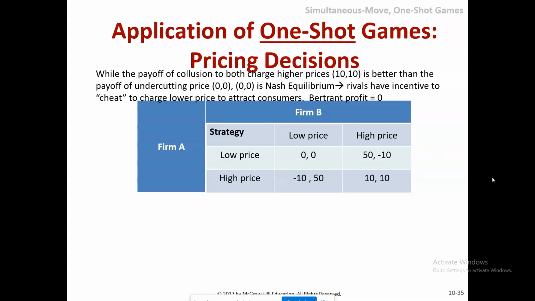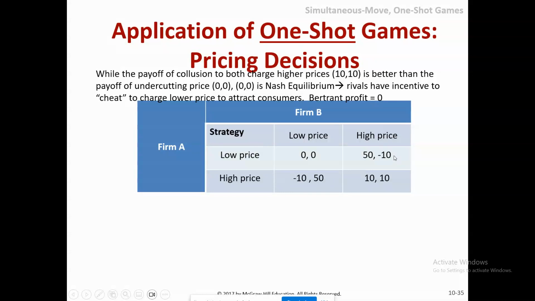Then the cheater will steal all consumers and get a payoff of 50. So 50 here, 50 here, while the non-cheater holds on to high price, loses all consumers and bears an economic loss of $10, negative 10, negative 10.